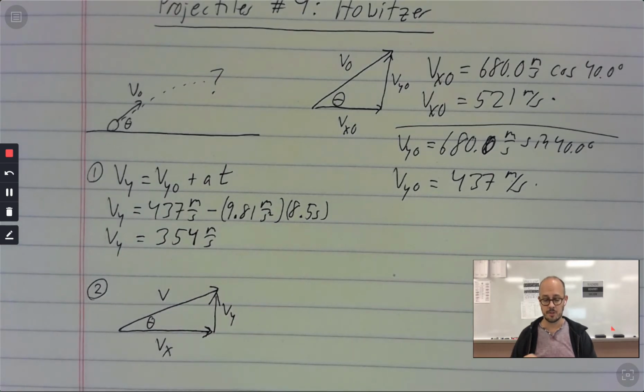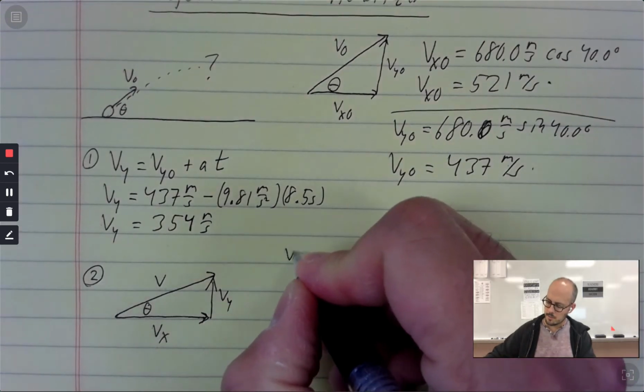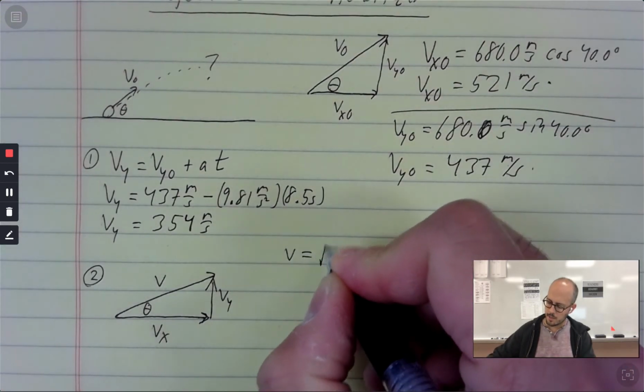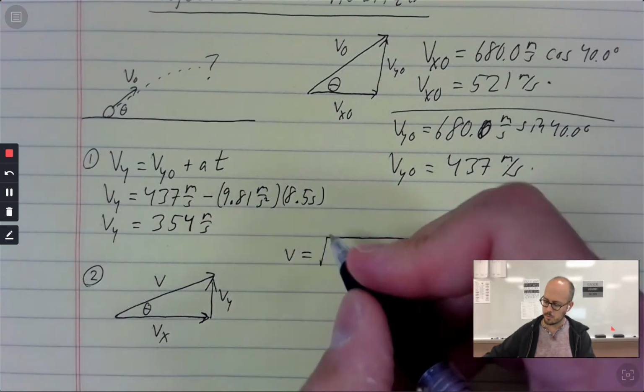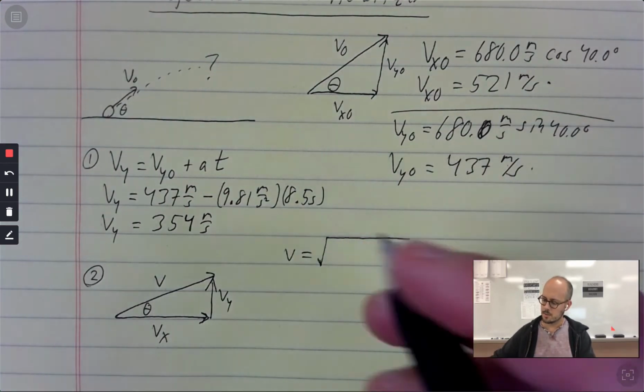I make another triangle because velocity is a vector. And I'm going to assume that it's pointed at an angle. And so I need to use the triangle and trigonometry to figure out what the speed and direction of that is. So as far as finding the value of v, I'm going to use the Pythagorean theorem. So that's the square root of vx squared plus vy squared.